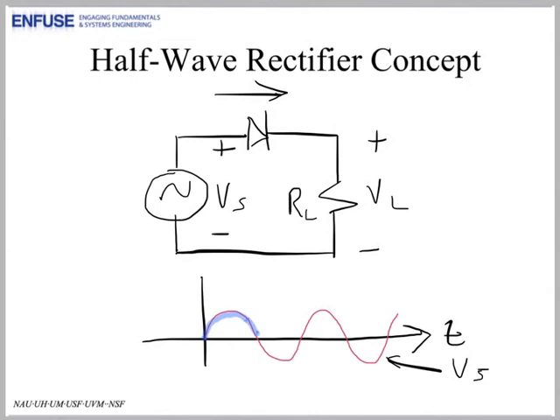But the diode prevents flow in the opposite direction, so that means when V sub s goes negative, V sub L will be 0. So we'll lop off the negative part of the waveform. Because of the rectification property of the diode, our load here sees only the positive half of the wave. So this is why we refer to it as a half-wave rectifier.